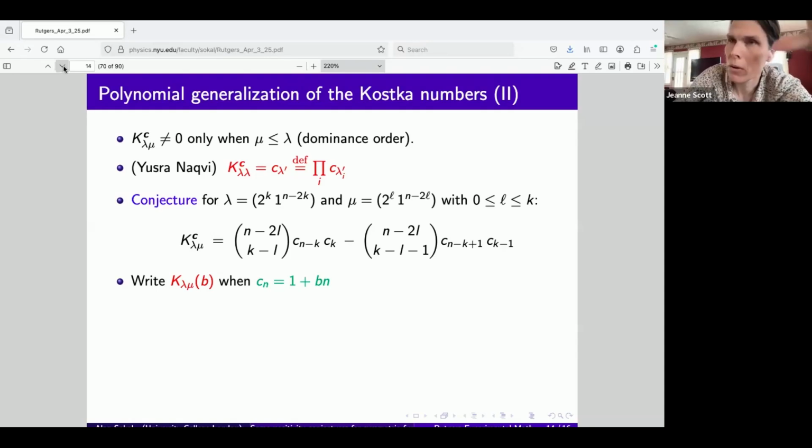You get this weak Bruhat order by doing Robinson-Schensted. And if I remember correctly, and I can give you a reference for this, the Kostka number itself is measuring the interval between the row canonical tableau associated to mu and the row canonical tableau associated to lambda, something like this.